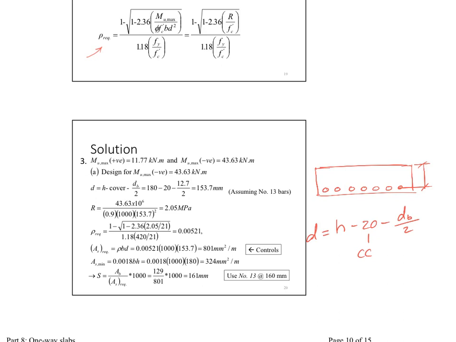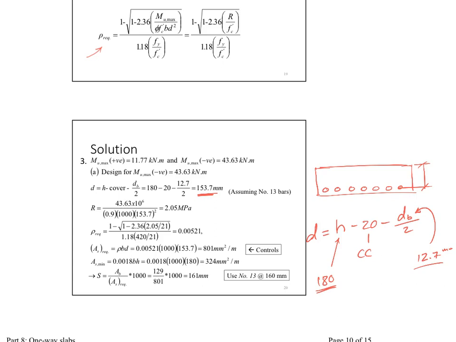Okay? Now what's the diameter of the bar? Remember at the beginning of the example it says assume a phi 13. The exact diameter of phi 13 is 12.7 millimeters. And my H was given as 180 that we found in the last step. So now I found my D to be 153.7 millimeters.